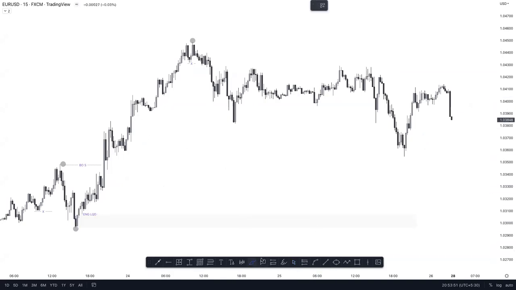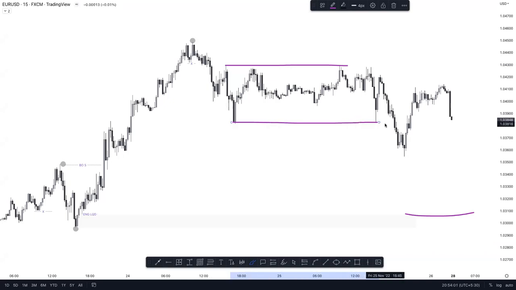So we can sell until the market taps on this extreme POI, right? Like this high sweep and sell, break the structure here. After the break of structure, we can sell mine here. This one took out the inducement, tapped on this order block and we sell.